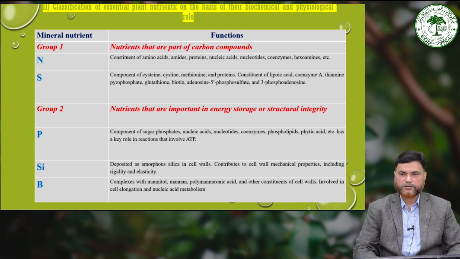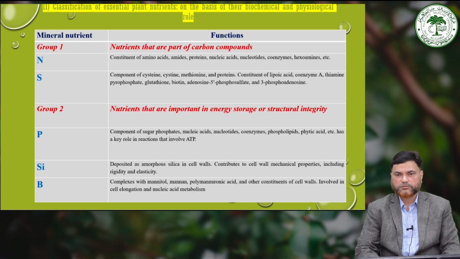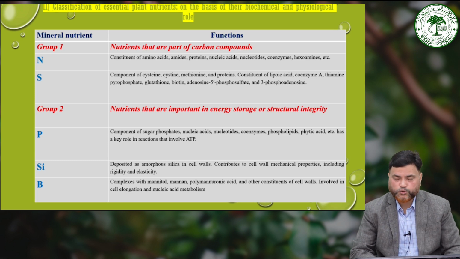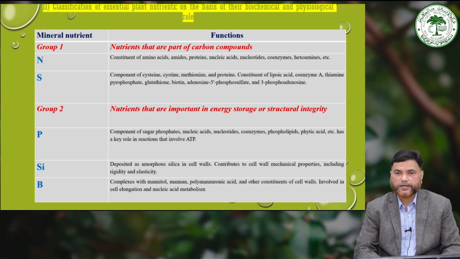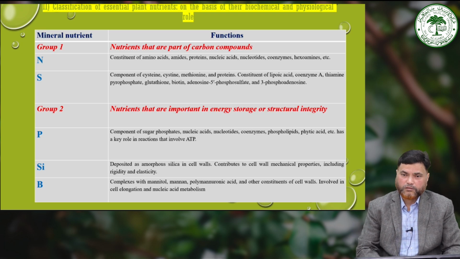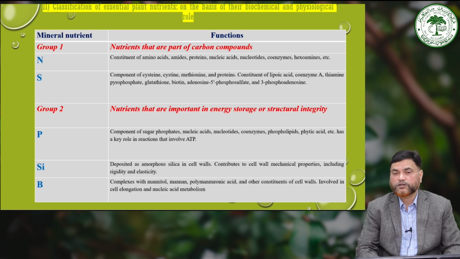For example, the mesophyll cells in the leaves contain iron or manganese almost equal to sulfur or magnesium.